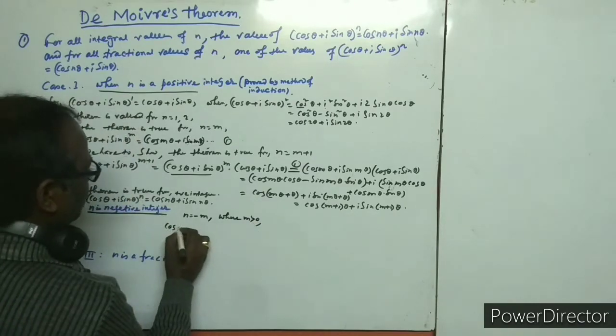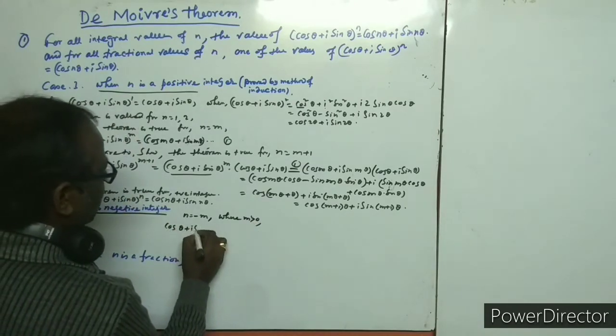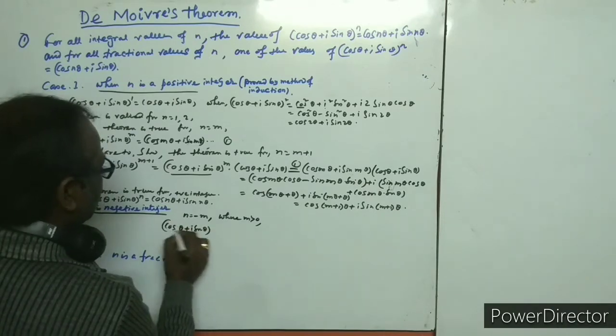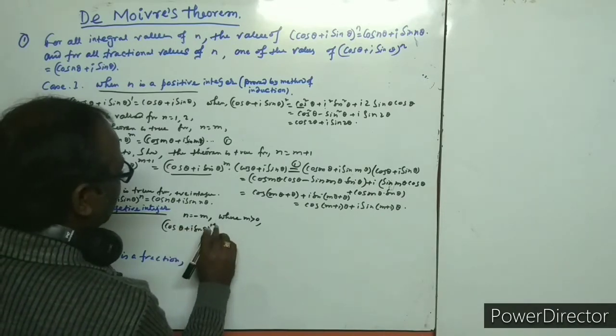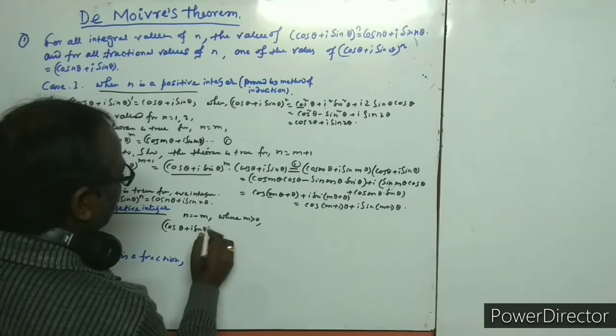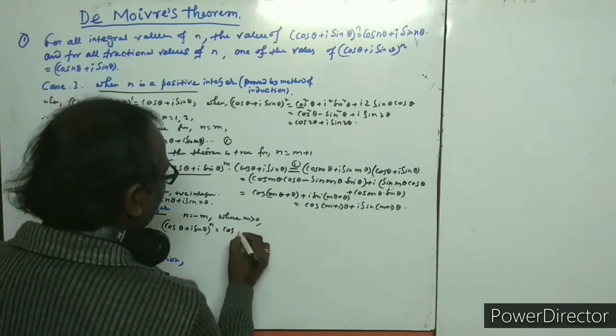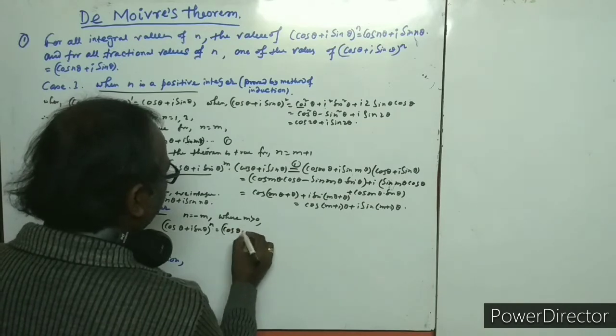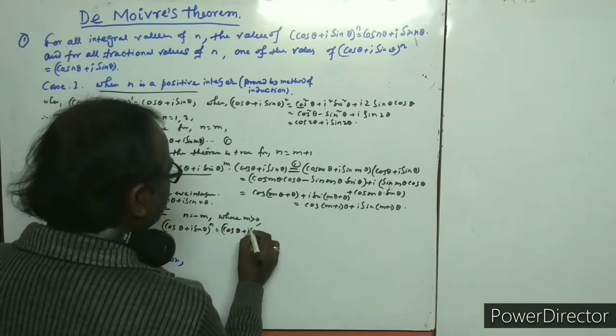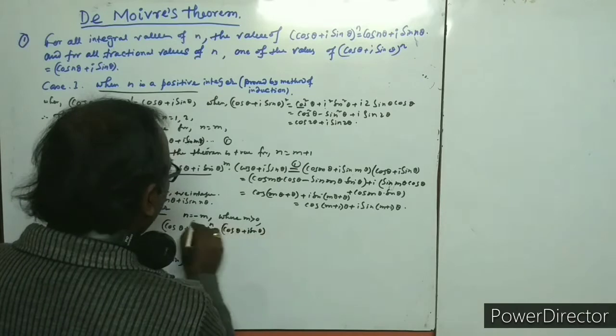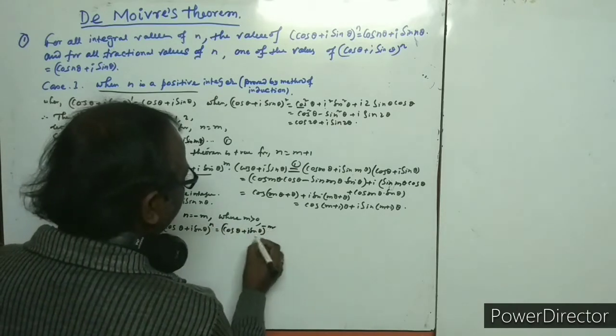So now (cos theta plus i sin theta) to the power n is equal to (cos theta plus i sin theta) to the power minus m.